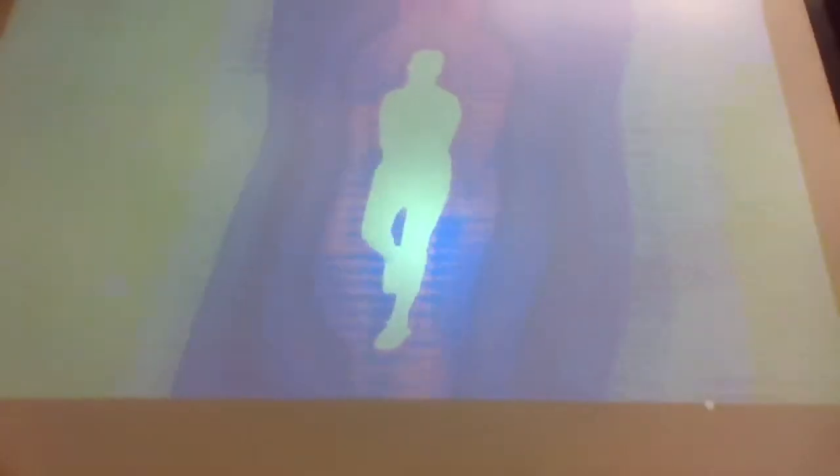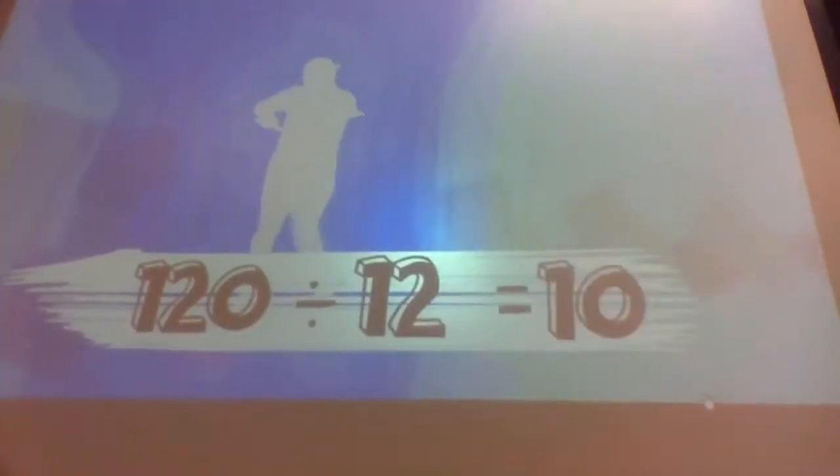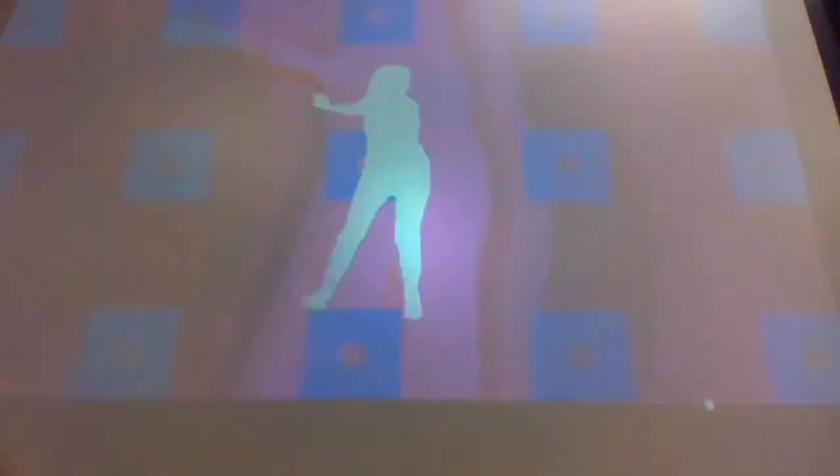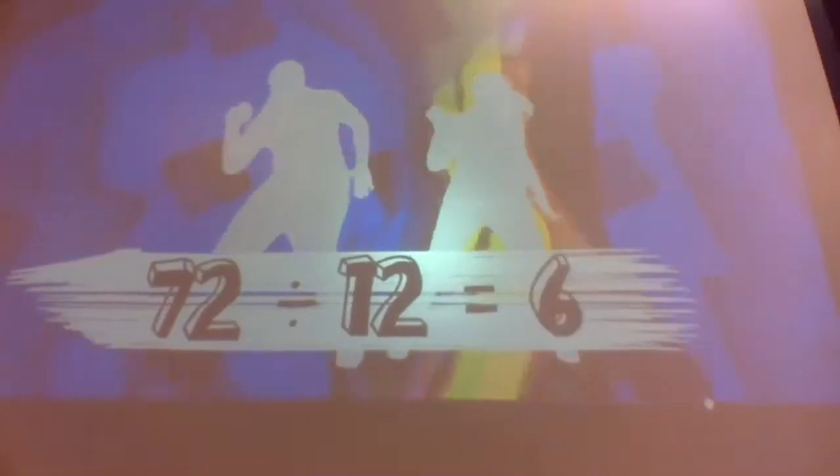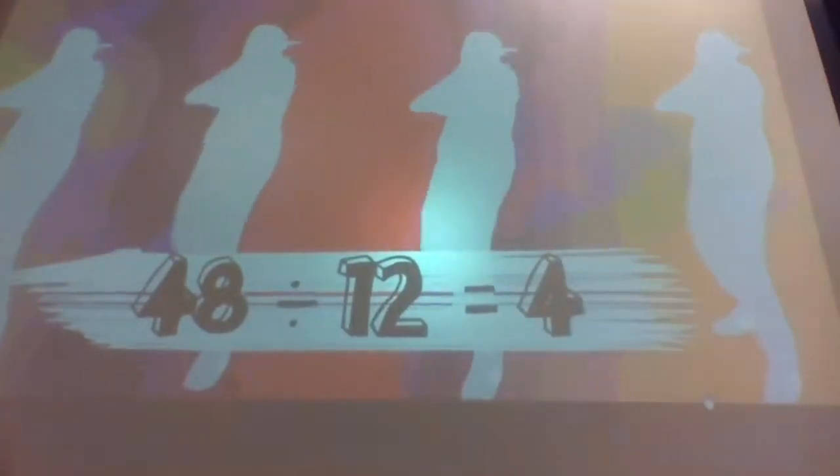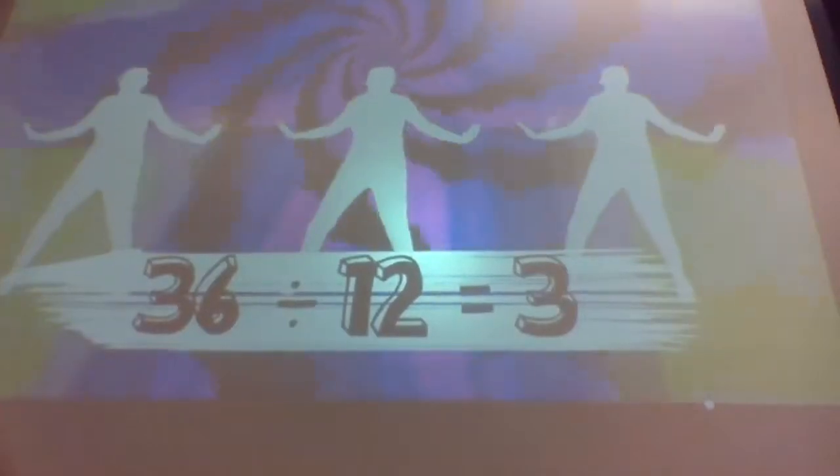All right, pay attention. 36 divided by 12 is 3. 24 divided by 12 is 2. 12 divided by 12 is 1.